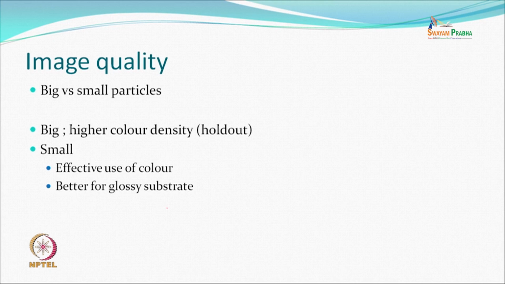The smaller particles actually lead to an effective use of color, and generally for a glossy substrate a smaller particle is used. But the best reason why a particle size should have a certain value would basically depend more on jettability rather than only looking at the color density and so on and so forth.